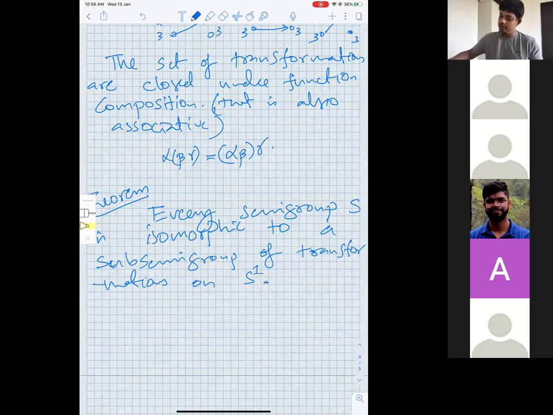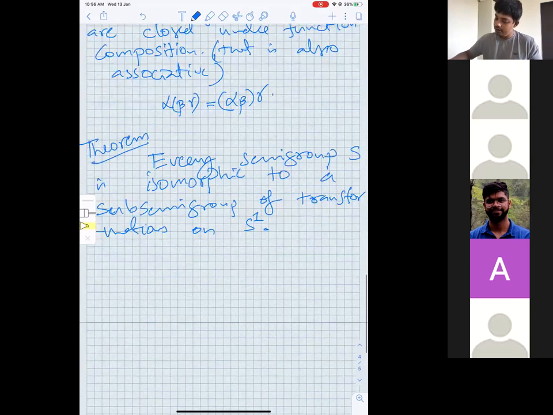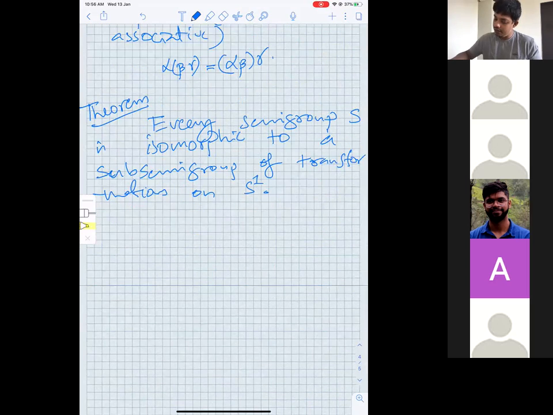Okay. So what am I saying? So I have a semigroup S, and if I take an element A here, and I have transformations on S1. Okay. So these are the elements of S, and I look at the transformations on S1. What is this transformation? I map A to the function which takes X to XA.